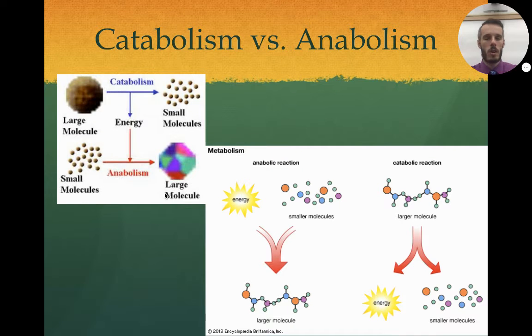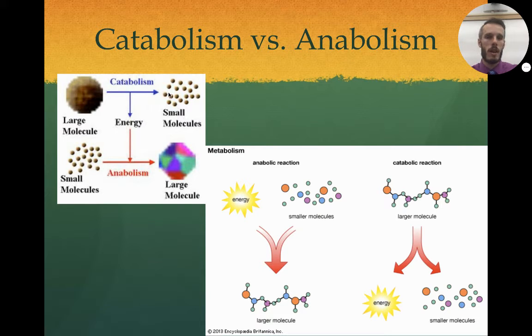So first, we're going to look at the difference between a catabolic and an anabolic reaction, or catabolism and anabolism. In a catabolic reaction, a molecule is going to be broken down into smaller molecules or smaller parts. In an anabolic reaction, smaller molecules are going to be built up into a larger molecule.